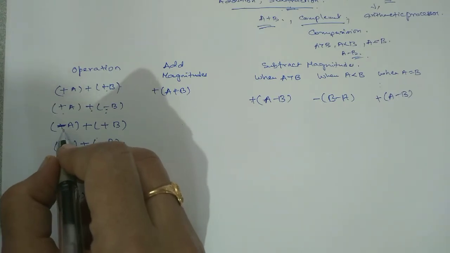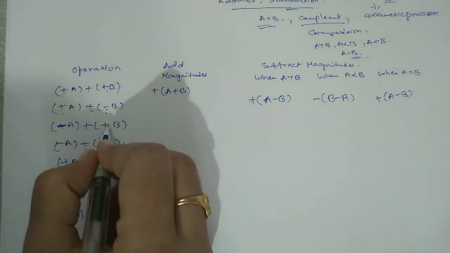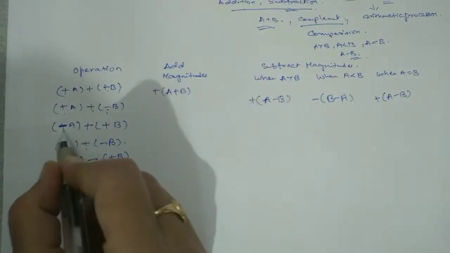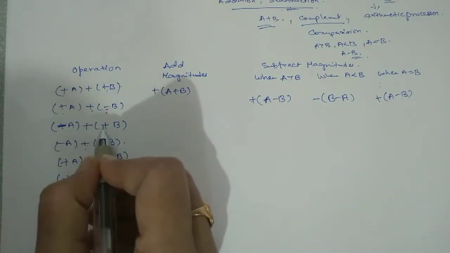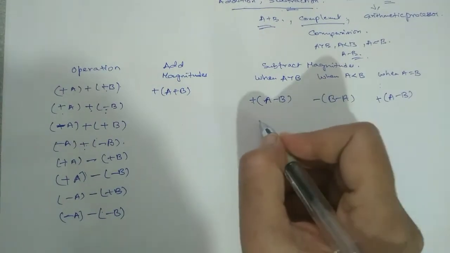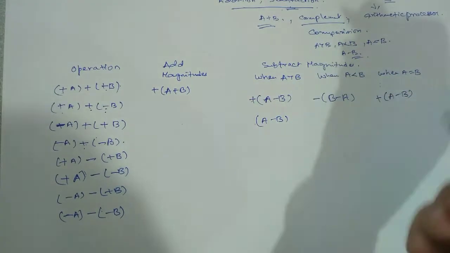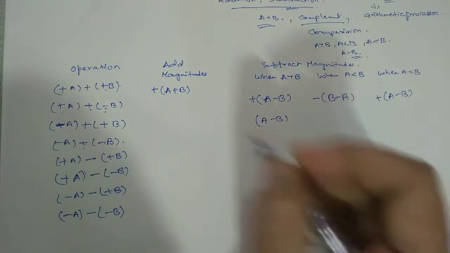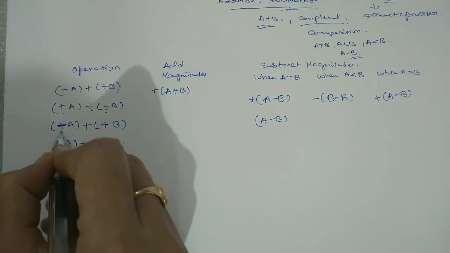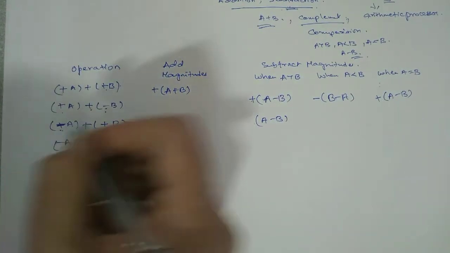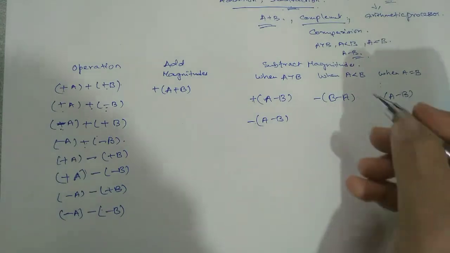And the third one is minus A plus B. Here also the subtract operation will be performed. First A minus B, for A greater than B, and the sign of A is minus, so minus.